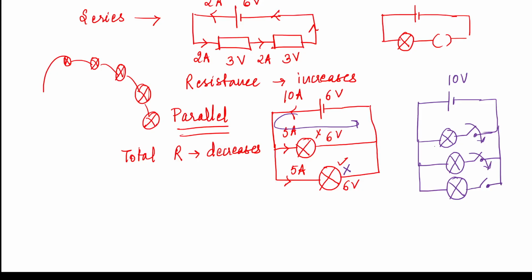So the current is increased, but the potential difference is still the same. So power would increase, because power is voltage times current, I is for current. You switch on another one, total resistance is further decreased, I increases, and power increases.